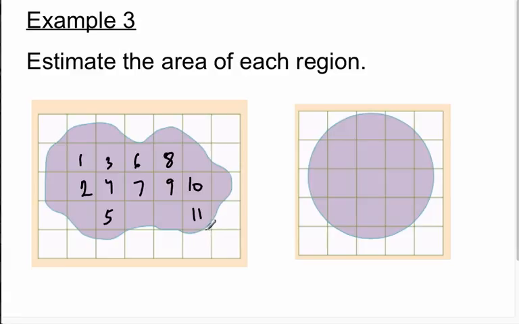Well, this is almost completely shaded, right? So if we look at this square, there's a little bit of white space here, but there's a little bit of a shaded region that goes outside of the square too. So we can get a little bit of an estimate here. So I counted 11. I'm going to count this one, and this one is almost a complete square as well.